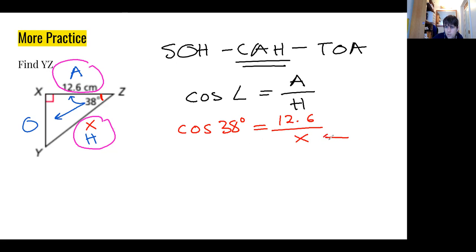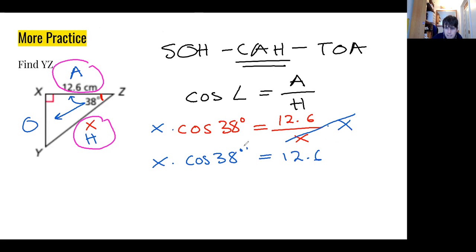Again, this is similar to the first one. This is the harder version when we have an X in the denominator. Not a big deal. We want to get it out of there. So to solve this one, we have to multiply both sides by X. That gets it out of this denominator and it moves it over to this side. That gives us X times the cosine of 38 is equal to 12.6.